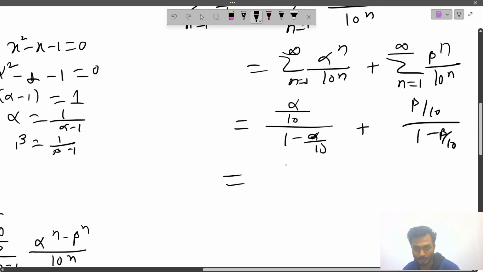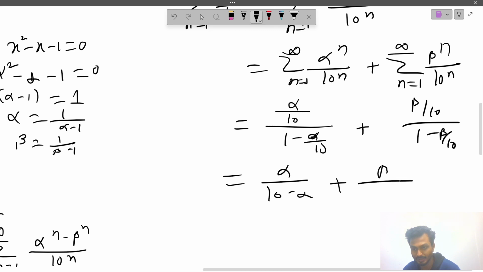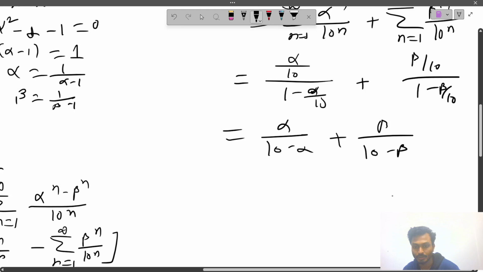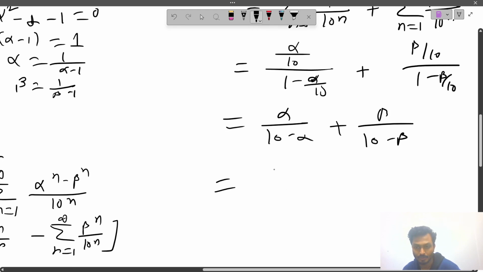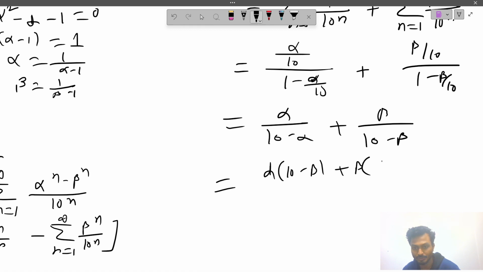So now if we calculate, it will be alpha by 10 minus alpha plus beta by 10 minus beta. So this is equal to alpha into 10 minus beta plus beta into 10 minus alpha, divided by 10 minus alpha into 10 minus beta, right?